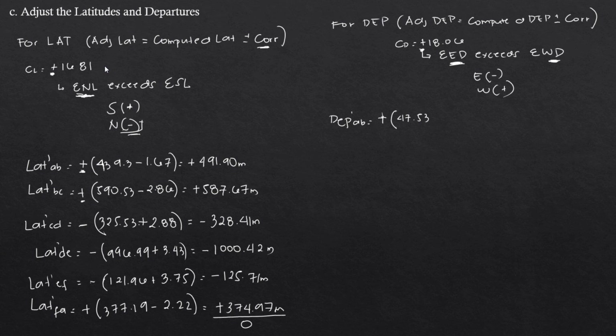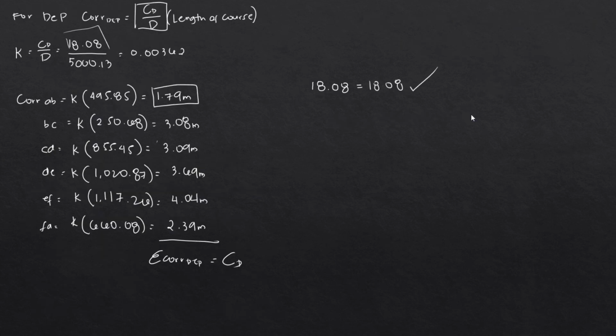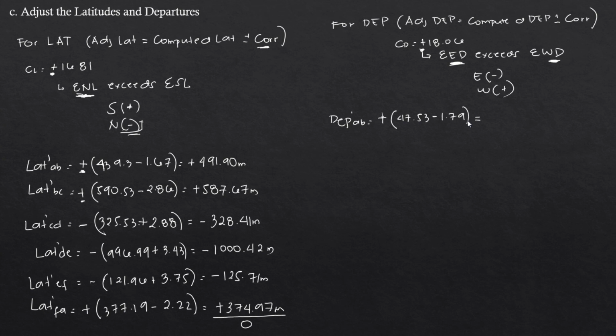East, so ibig sabihin, magbabawas tayo. 1.79, yung correction kanina. Ito. Okay, so ilan to? Meron tayong positive 45.74 meters.